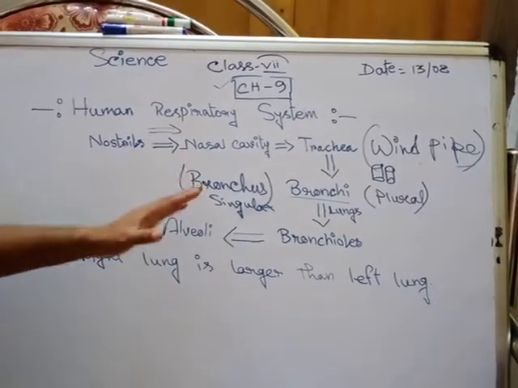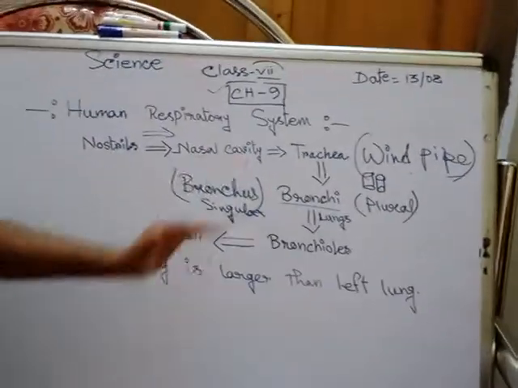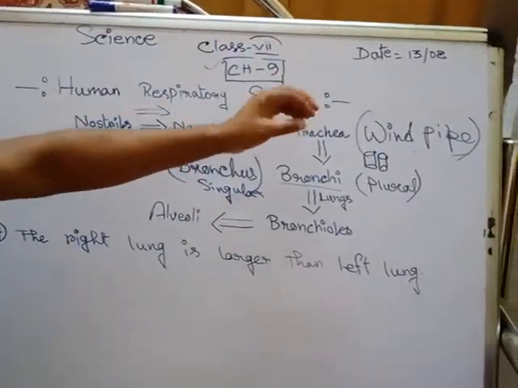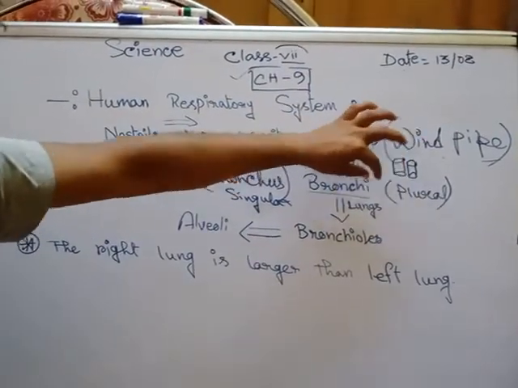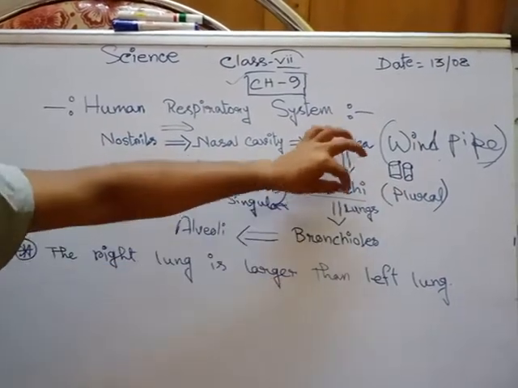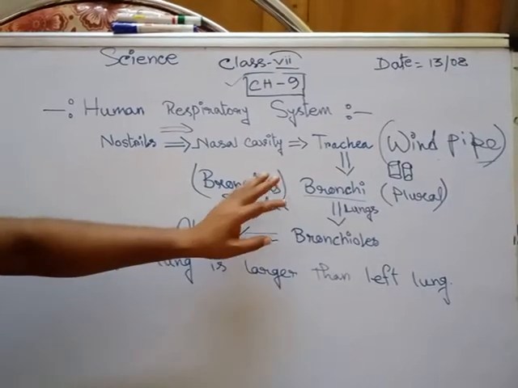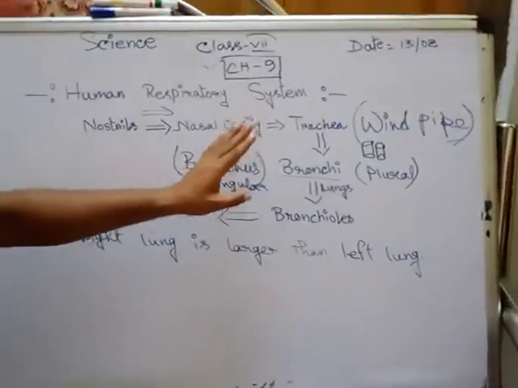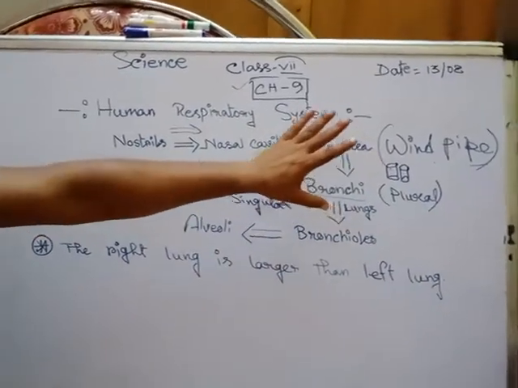Each and every bronchus enters the lungs. Inside the lungs, each bronchus divides into a large number of small tubes.